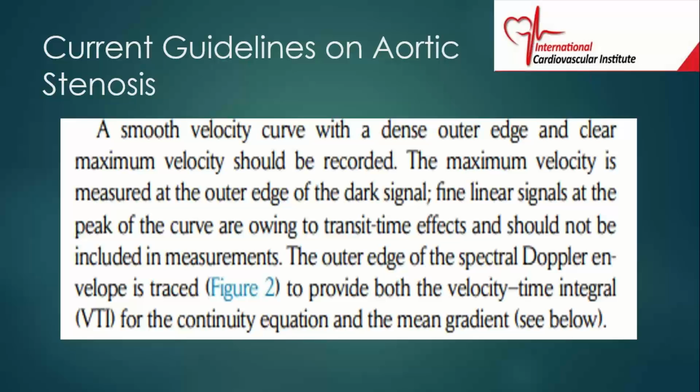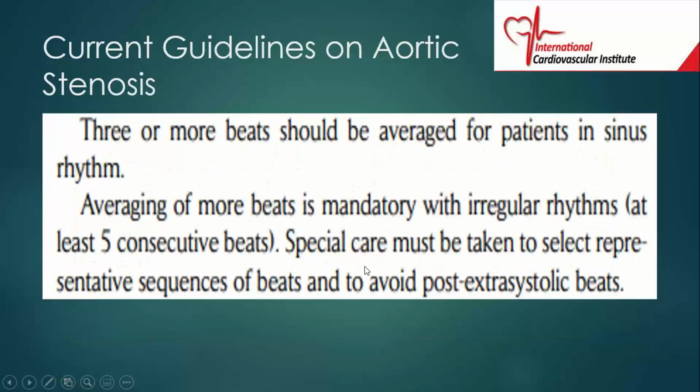Again, the maximum velocity is measured at the outer edge of the dark signal. Fine linear signals at the peak of the curve are owing to transit time effects and should not be included in the measurements. So you want to do the outer edge of the spectral Doppler envelope. That is what you're going to trace.